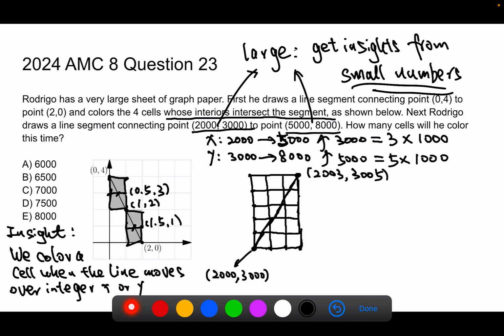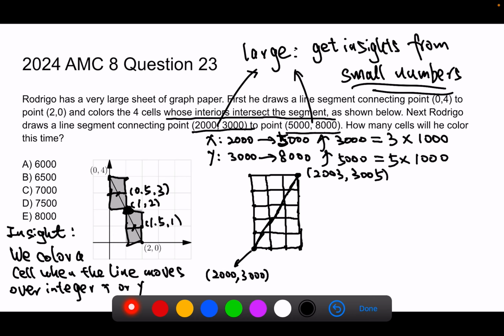One thing to keep in mind is 3 and 5 are co-prime to each other, which means not like (0, 4) to (2, 0), where in the middle you actually touch (1, 2), where both x and y are integers. You are not going to have such a scenario for (0, 0) to (3, 5).